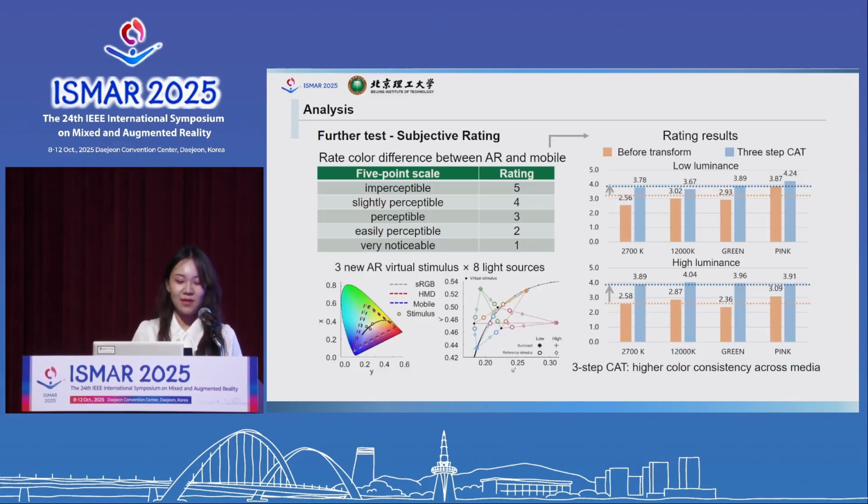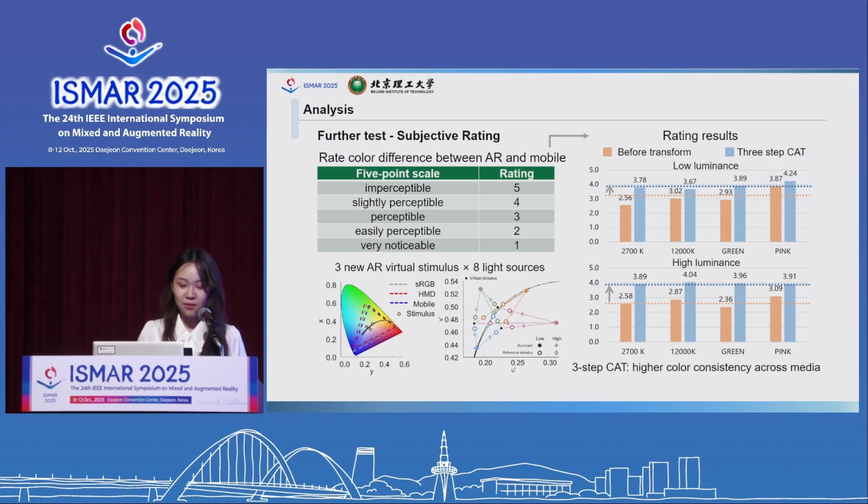So to further test our three-step CAT, we conducted a subjective rating experiment. The participants rated the color difference between AR and the mobile display using a 5-point scale, from imperceptible to very noticeable. The mobile display stimulus was with or without the three-step CAT.